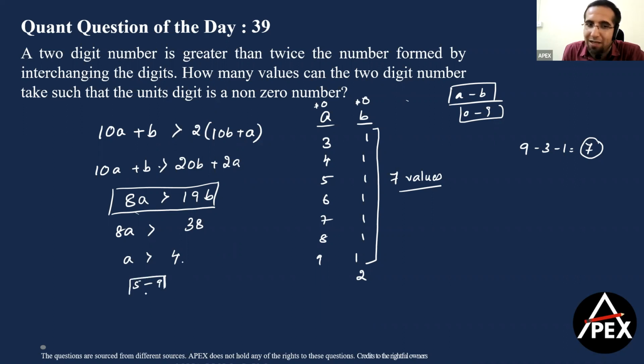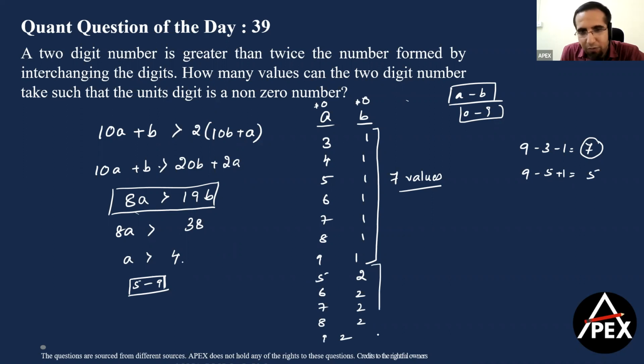This is a quicker way of calculating. Clear? So how many values are there from 5 to 9? That is 9 minus 5 plus 1. So 9 minus 5 is 4, 4 plus 1 is 5. So what are those values? I will have 52, 62, 72, 82, and 92. So these are 5 further values.